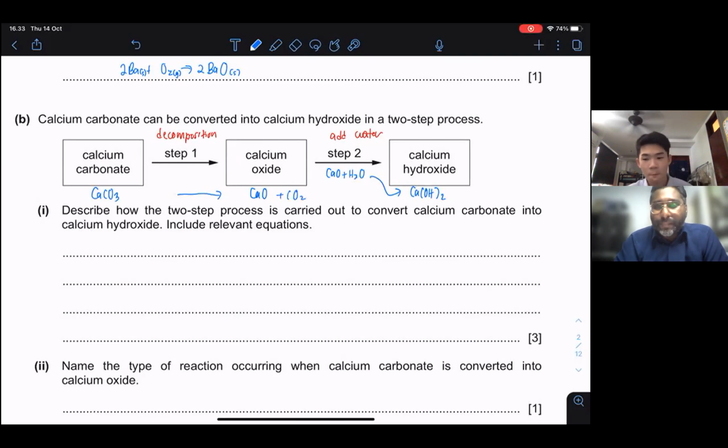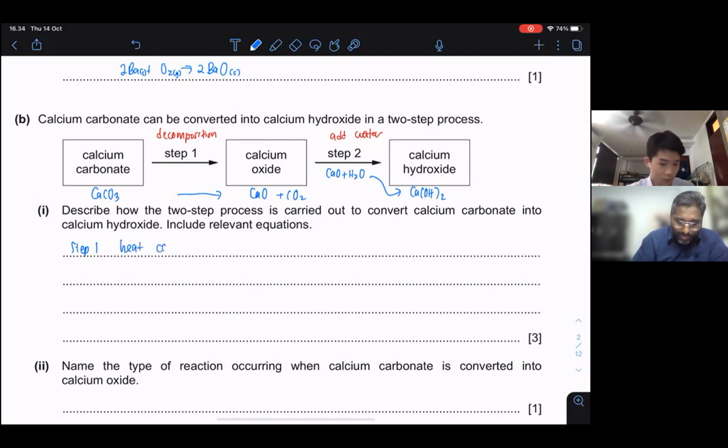But you need to describe how the two-step process is carried out to convert the calcium carbonate into calcium hydroxide, including relevant equations. So you can write down step 1: you heat, because it's thermal decomposition. Heat calcium carbonate. Then the equation is calcium carbonate gives you calcium oxide plus carbon dioxide.